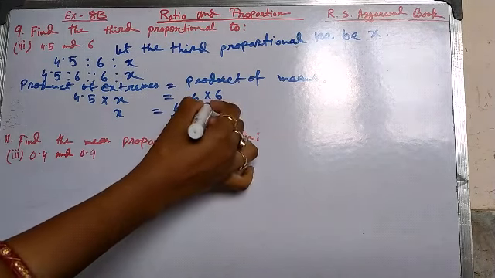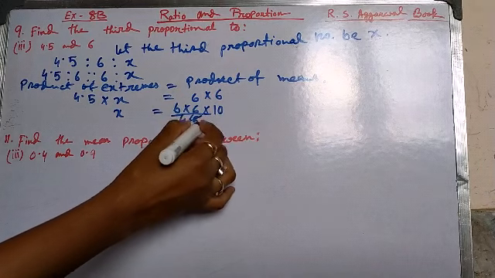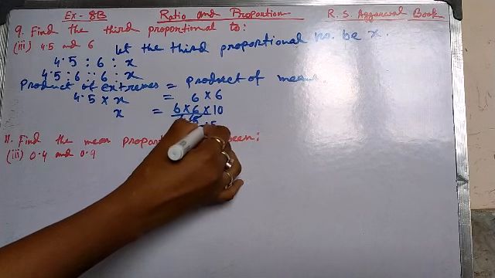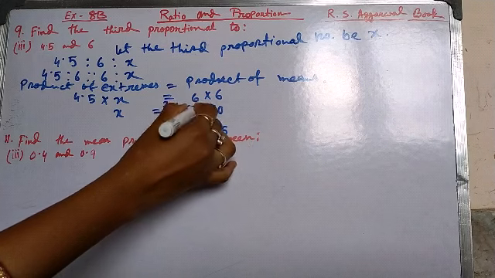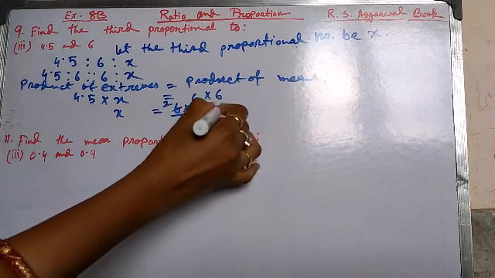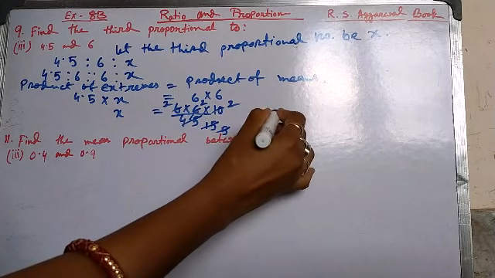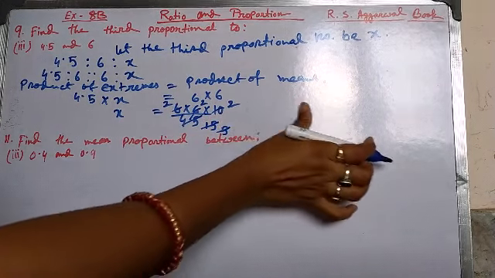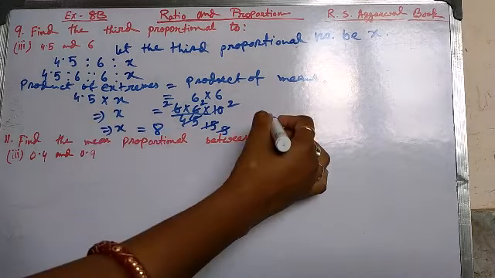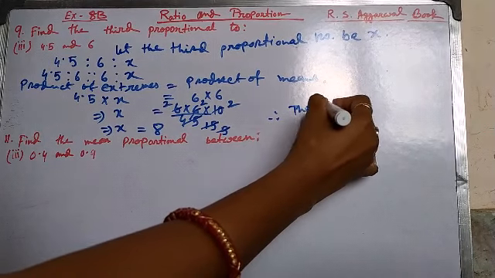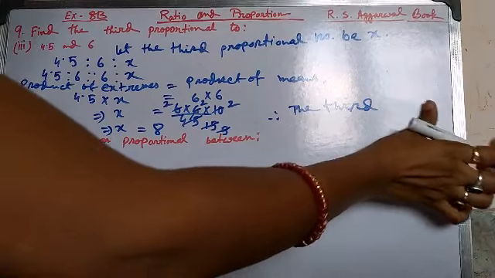The point will be removed, into 10 will be there. Then 3 15s are 45, 3 2s are 6, 5 2s are 10. That means 2 2s are 4, 4 2s are 8. That means here x equal to 8. Therefore the third proportional is 8.